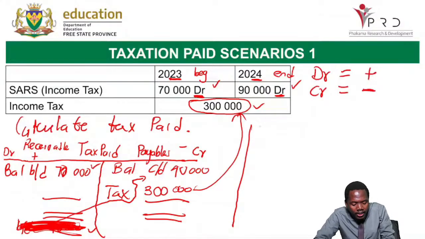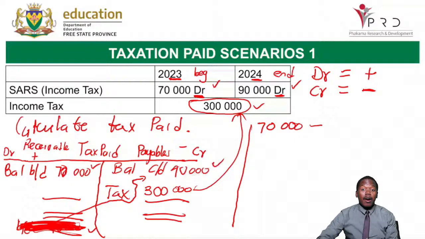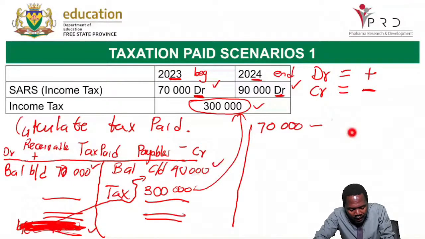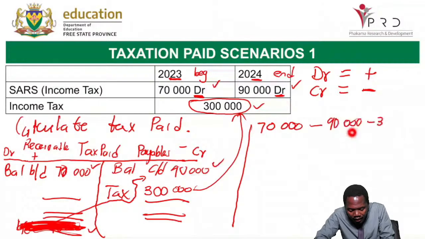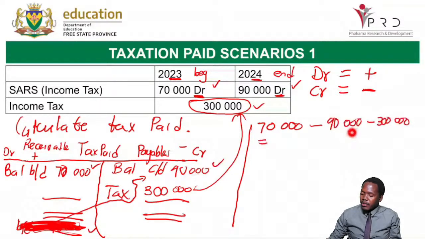When I do my calculations, I will say now 70,000. When I punch my calculator, minus, because the 90,000 now we have proven it that it comes from the credit side. Minus 90,000 minus the income tax of 300,000. Now let us check how much we get here.